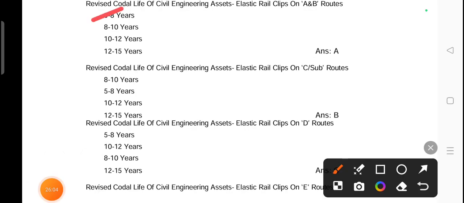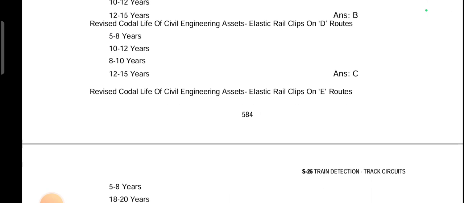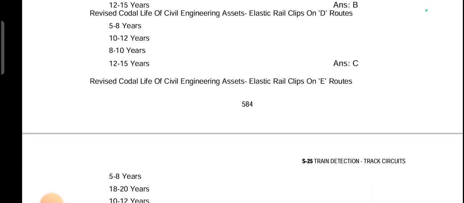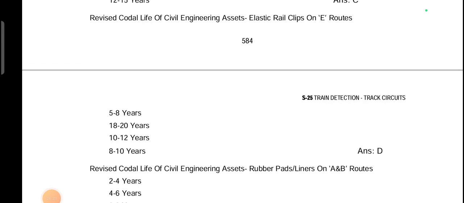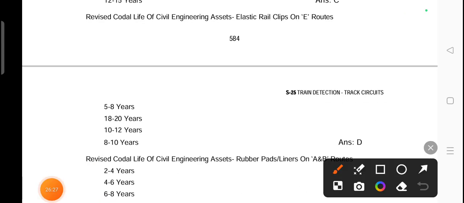Next, revised total life of civil engineering assets elastic rail clips on C or sub routes, 5 to 8 years. Revised total life of civil engineering assets elastic rail clips on D routes, 8 to 10 years. Revised total life of civil engineering assets elastic rail clips on E routes, 8 to 10 years.